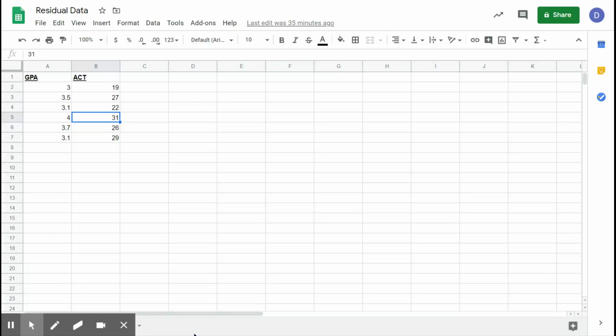But if we don't have a pattern in our residuals, and you can see these residuals are kind of all over the place, so there is no pattern, and our model is actually appropriate. If there is a pattern in the residual plot, we should choose a different model. Usually that pattern is just going to be like a perfect curve.